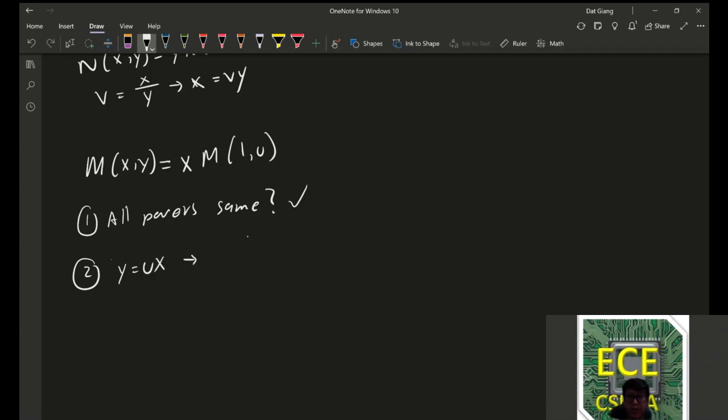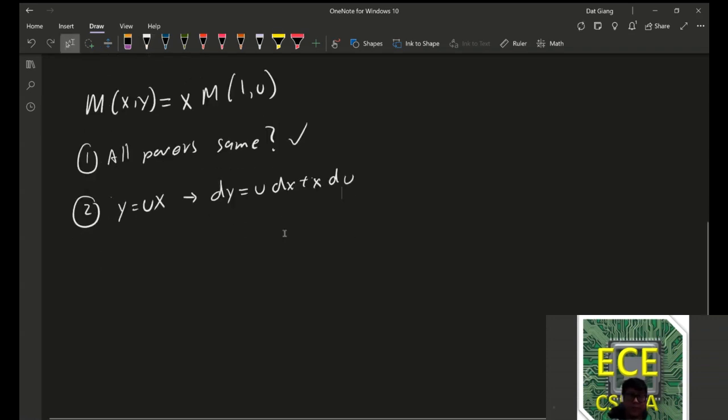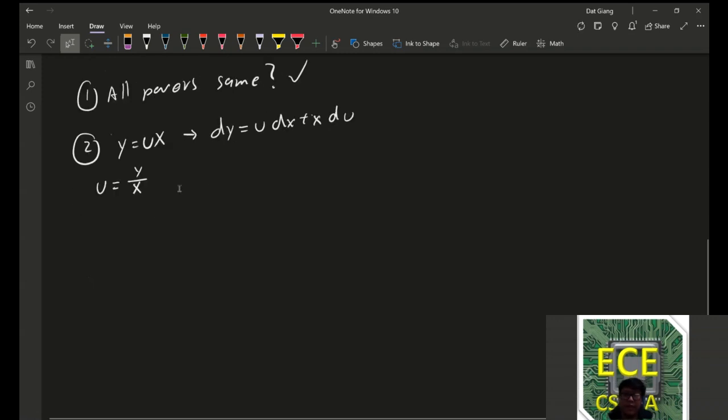If we take the derivative, we get dy equals u dx plus x du. Now, we keep the following in our back pocket because we're going to use it for later. We have u equals y over x as our substitution for going back to y. Now, in this situation, that's it.